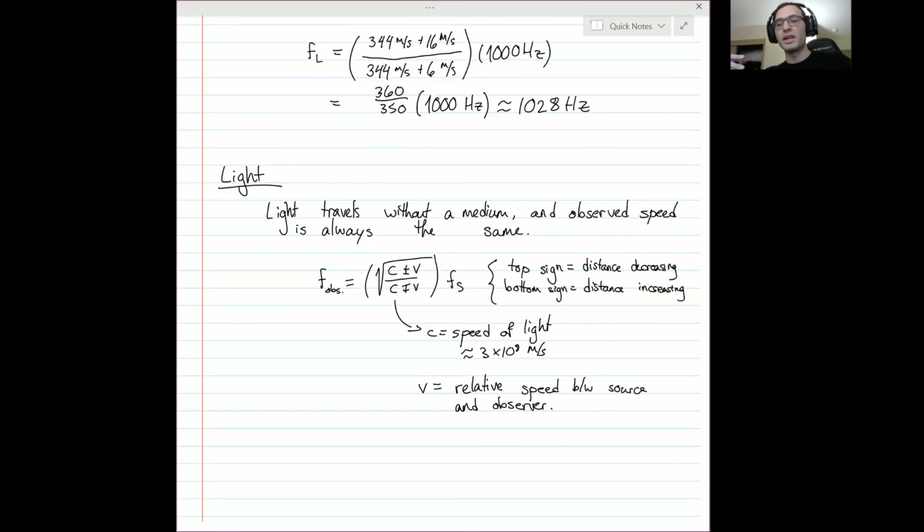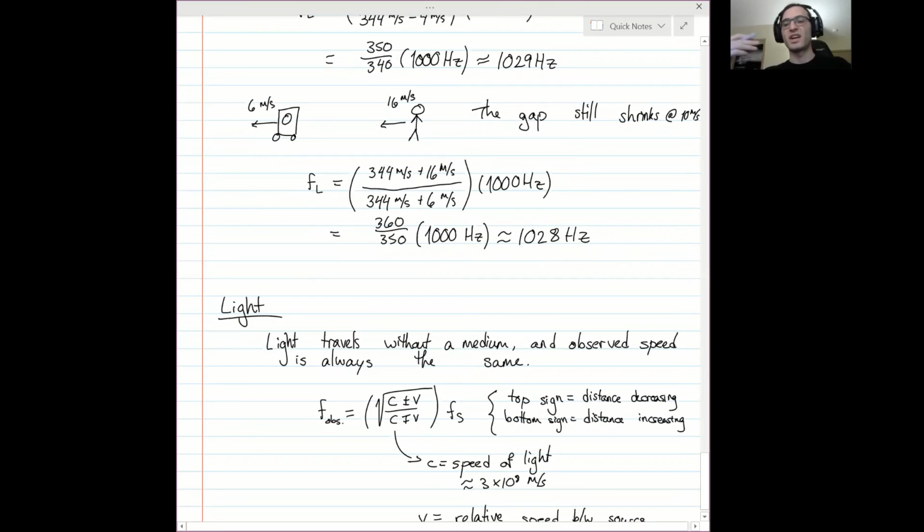And you do get a weird bunching up of sound, or of light crests, but you can't actually get there, because that would involve the two objects getting closer at close to the speed of light, which is just not a thing. Like, you can't go the speed of light. There's no way to break that rule.